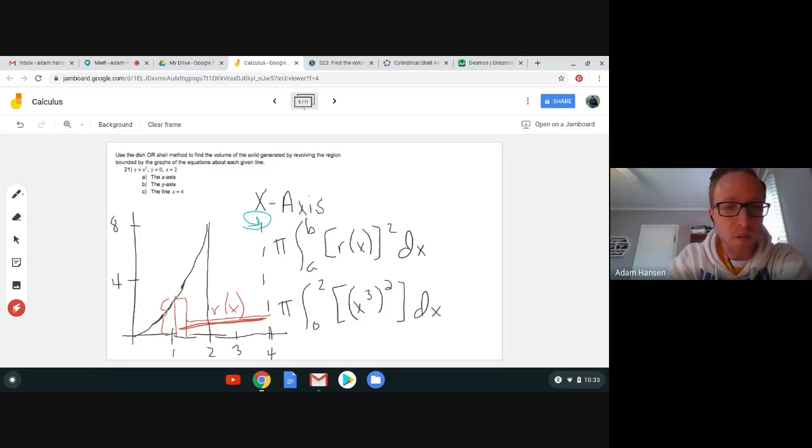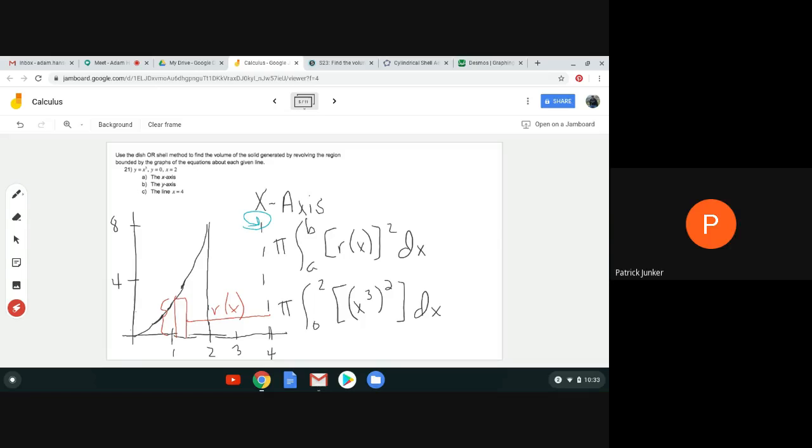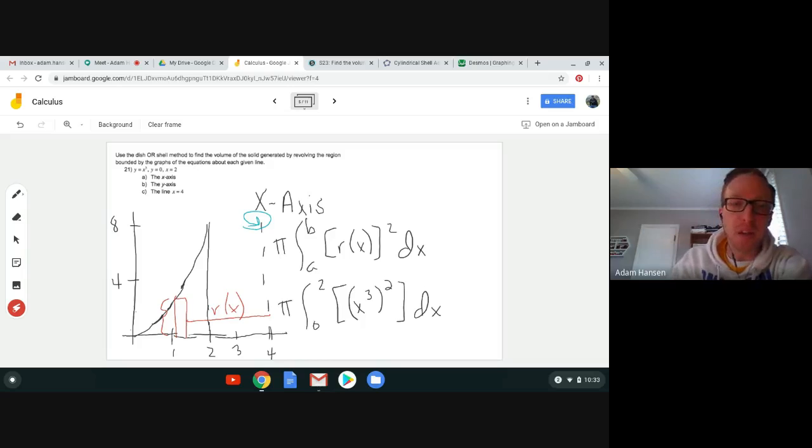What's to the right for our new radius in part C? Four minus x. Perfect, yeah, 4 minus x. If the total length from left to right is 4, and this was x earlier, then wouldn't this region to the right be given as 4 minus x? That makes sense. The height is and has always been x cubed.